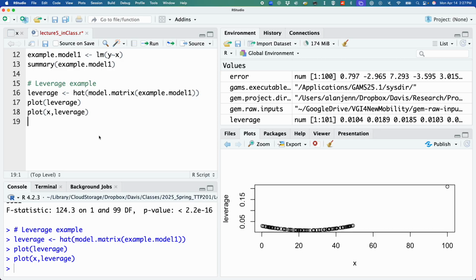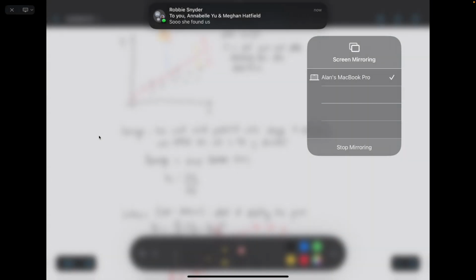Let me, maybe I can draw. How I understood it is that on the ends of the x range, there are more points, so there's more leverage. No.